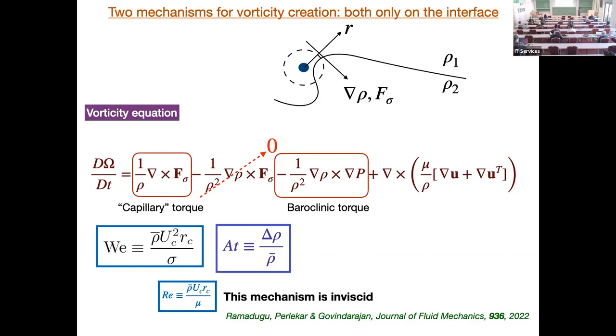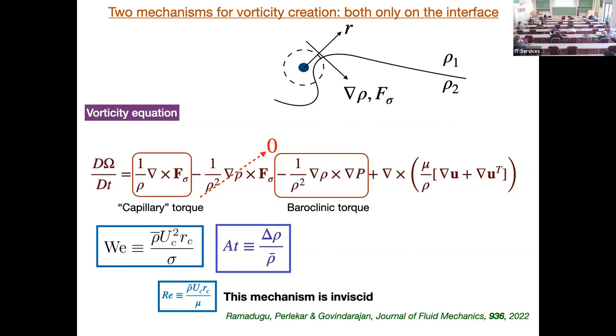So this term goes to 0, but these two terms actually create vorticity on the interface in the form of a delta function. This quantity is the baroclinic torque we saw in Greg Chini's lecture a couple of days ago. So this is grad rho cross grad p. If the density gradient and the pressure gradient are not collinear, you'll get this baroclinic torque.